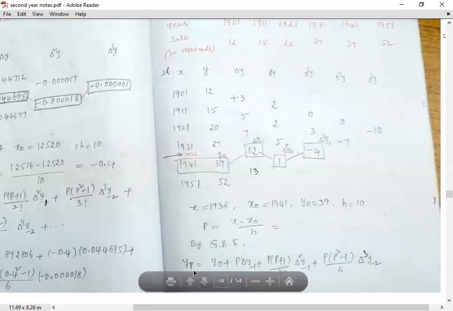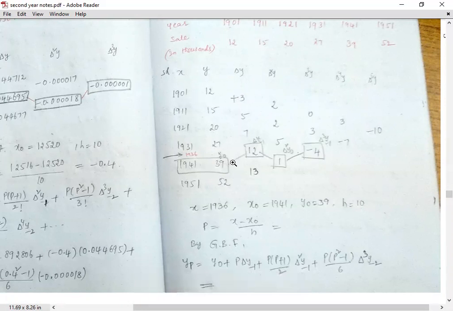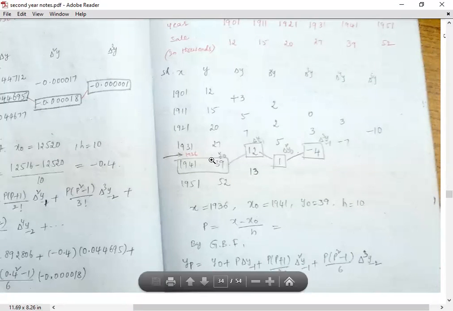And we are writing our backward formula y p is equal to y naught plus, from the pattern, from y naught, the upward value will be delta y minus 1, and the next term is p into p plus 1 by 2 factorial, which is 2, delta square y minus 1, and the next term will be p into p square minus 1 by 6 delta cube y minus 2. Let us use all the values in this and then simplify. I hope you understood. Thank you.